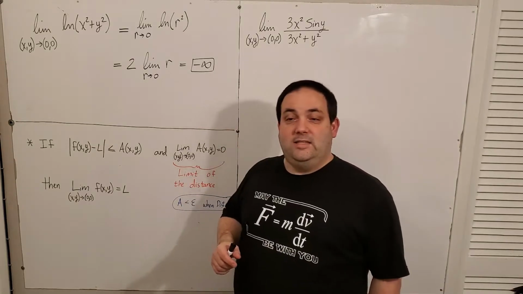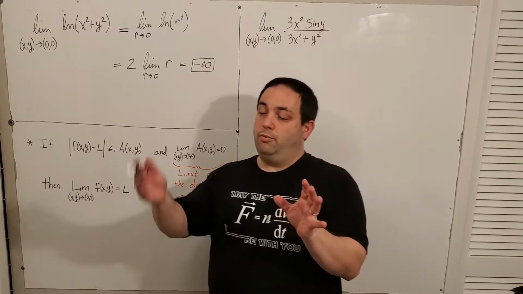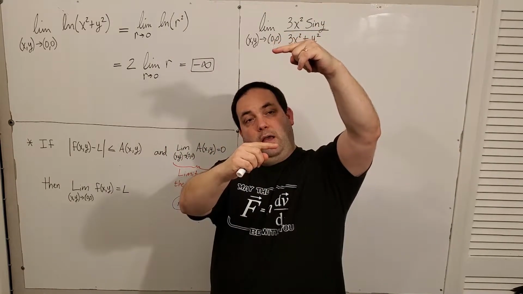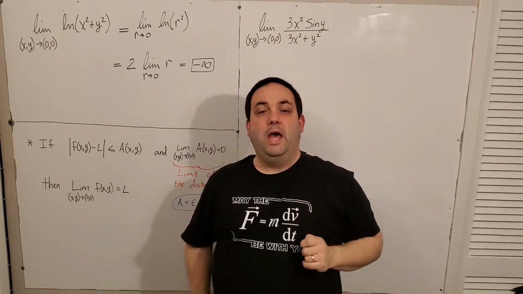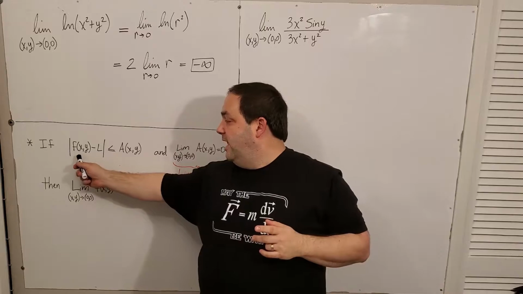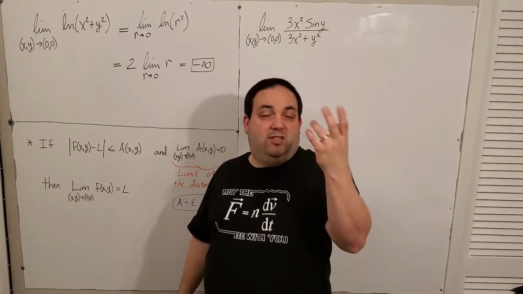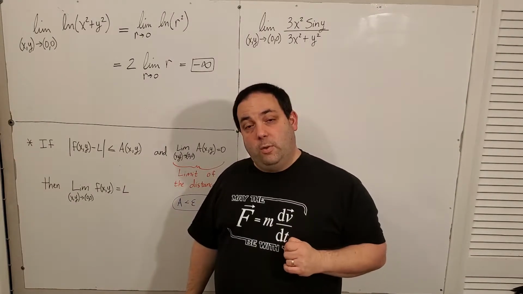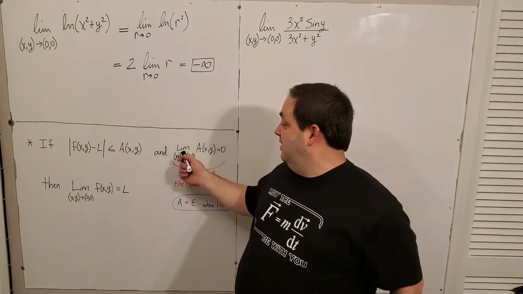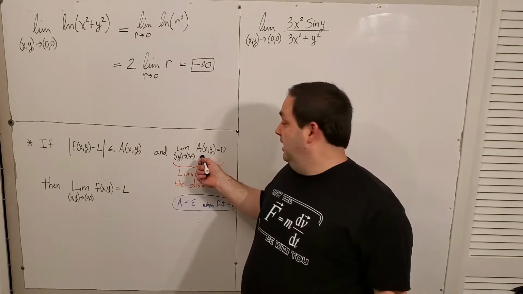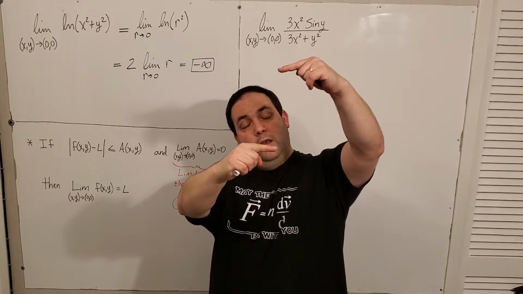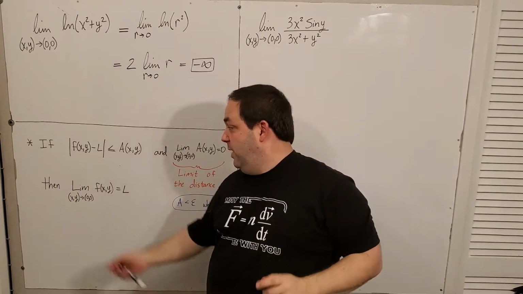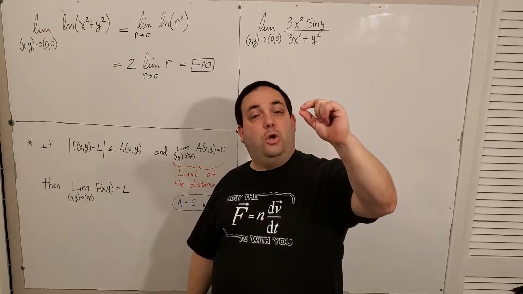The idea is that if the function values are approaching some L, then why couldn't I say the function minus L is some other function, a of x, y, or closely related to it in any way, and then say that the limit of that new function is going to 0? Because that's what's happening. The function should be approaching some value L, and as the function gets close to L, the distance from it is supposed to go to 0.